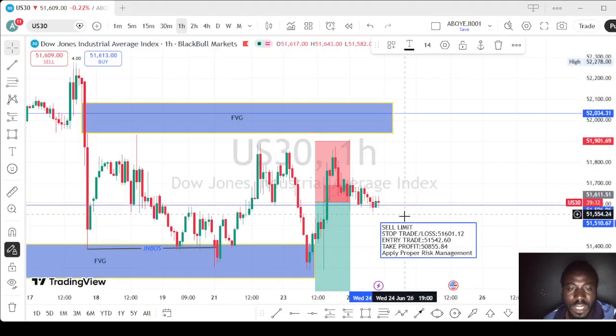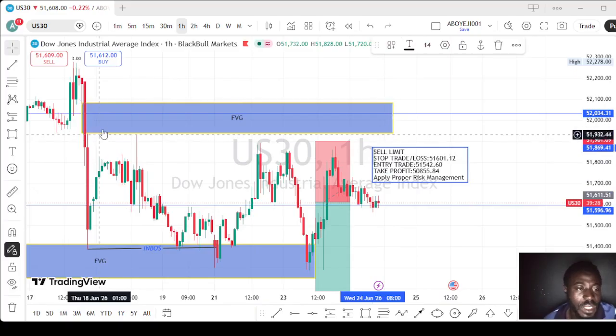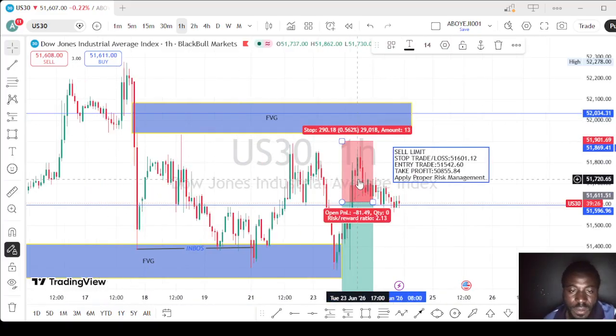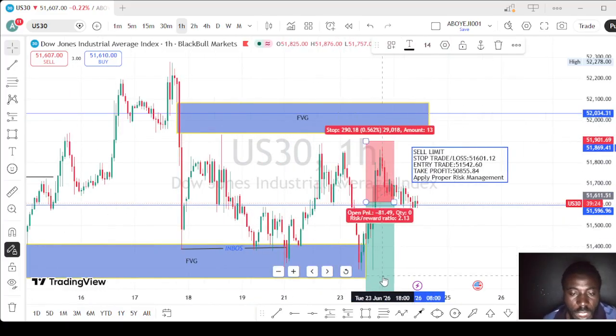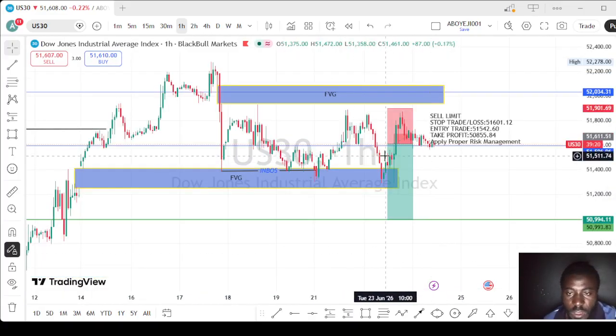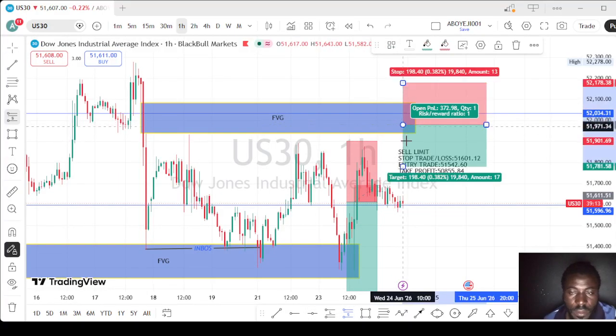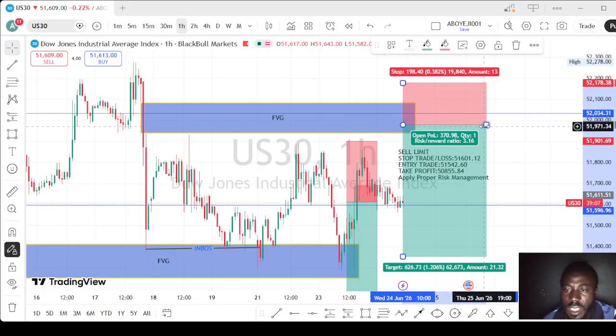Let's move to the 1 hour time frame. Let's see what the 1 hour time frame is giving. This is the 1 hour time frame, and you can see this is the FVG we are having on the 1 hour time frame. That's for me. After the market mitigates this FVG again, it pushes up again. So let's see if the market can come to this FVG before we can see a downtrend.